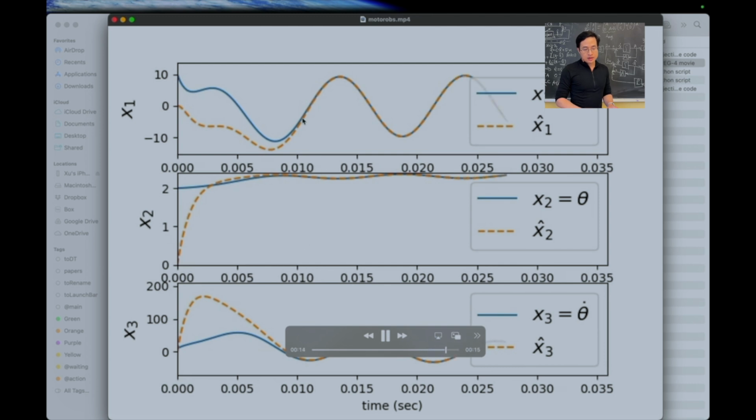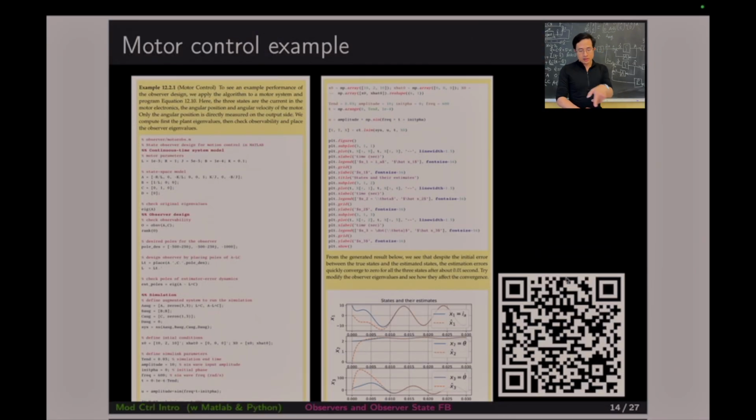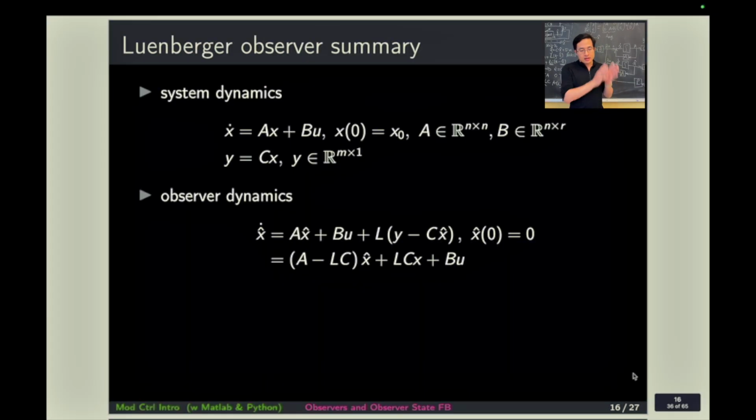You can see the convergence is pretty quick. After 0.01 second, the convergence is achieved. The dashed and solid lines match with each other. You can download the full set of code from this link over here. The observer in this format, a continuous time observer in this format, is called a Luenberger observer.